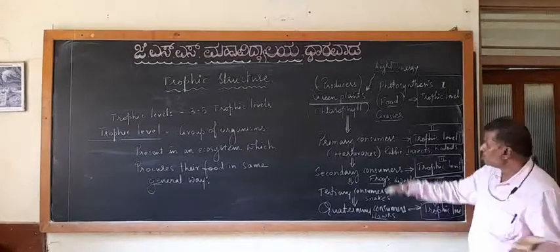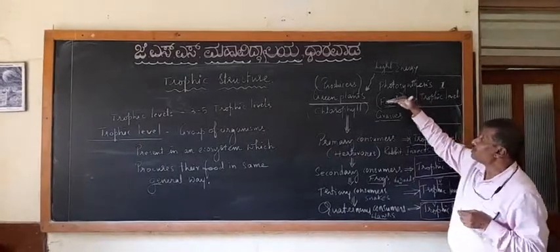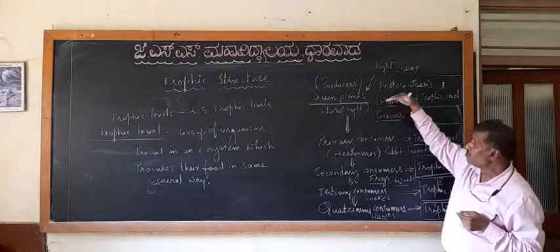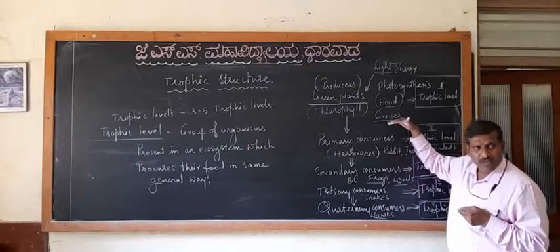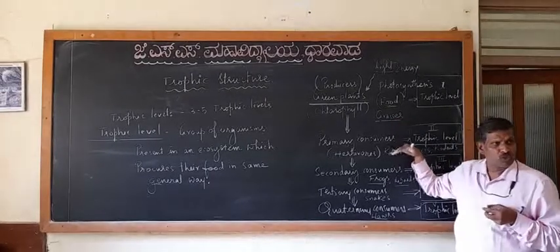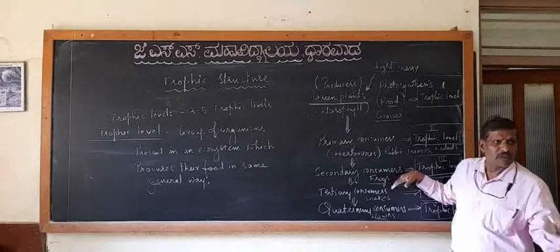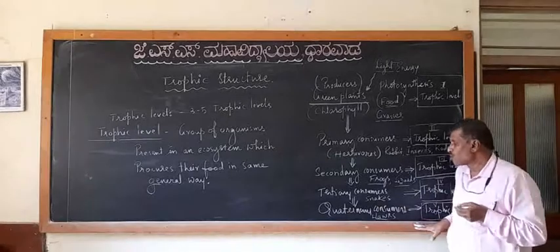Here, what you see in the ecosystem is the distribution of the food from producers to primary consumers, then to secondary consumers, then to tertiary consumers. If quaternary consumers are there, the food is also transferred to quaternary consumers.